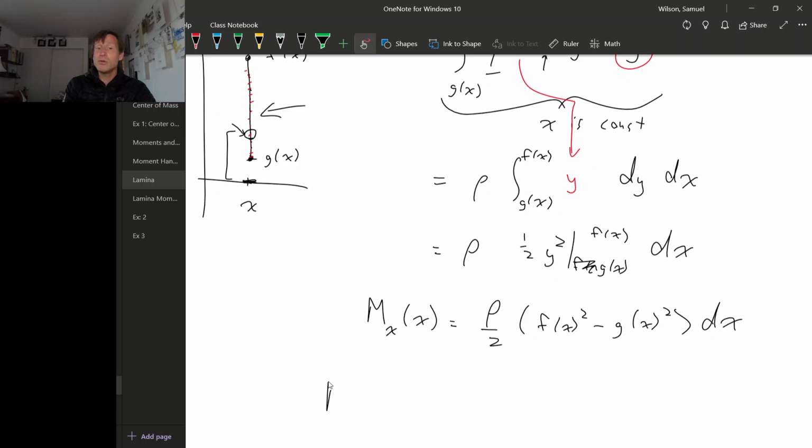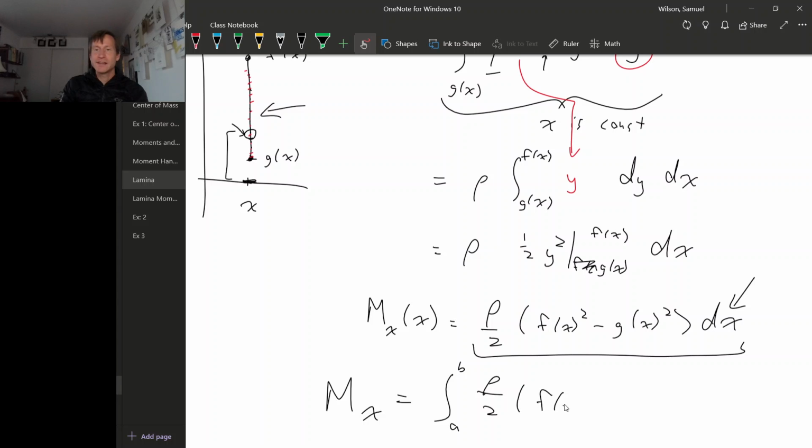So now for the total moment about the x-axis, we have to take this entire expression and integrate it with respect to x, which makes sense because it has a dx in it. So we need to integrate this from a to b. So rho over 2 f of x squared minus g of x squared dx.